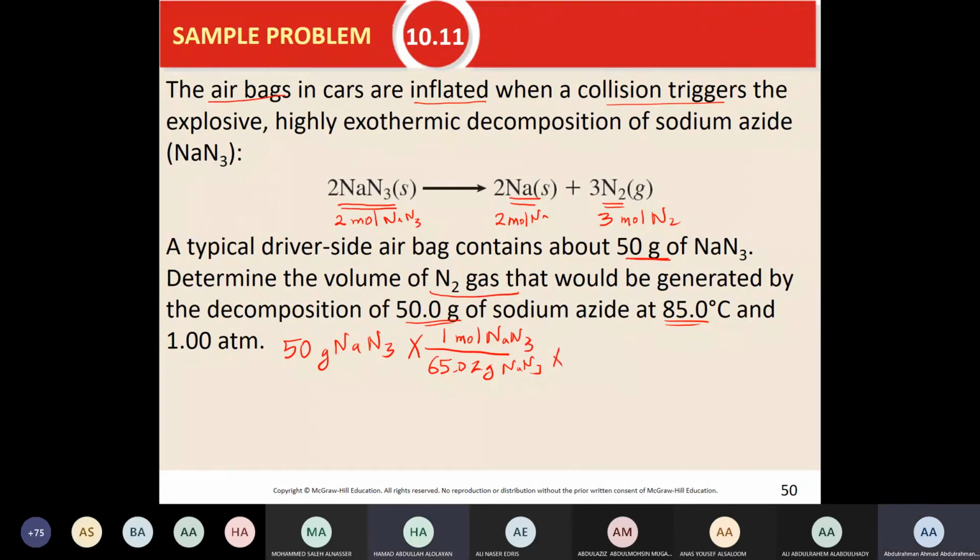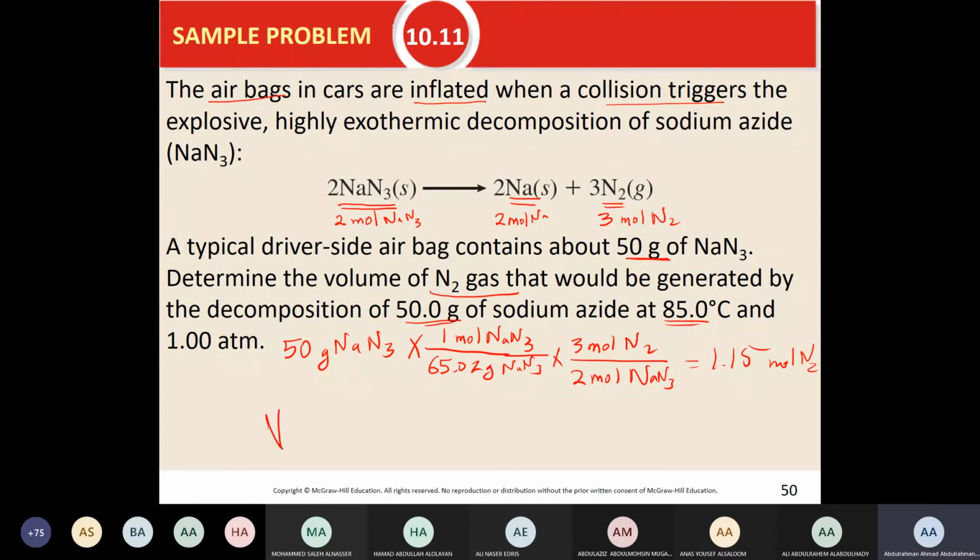Good. Then what should I write here to find the number of moles? 3 moles of N2 over 2 moles of NaN3, and you have the answer. Give me the answer. 1.15. 1.15 moles of N2. I hope everybody's checking for the others. Yes, it's correct.